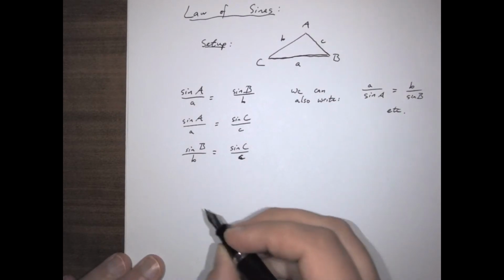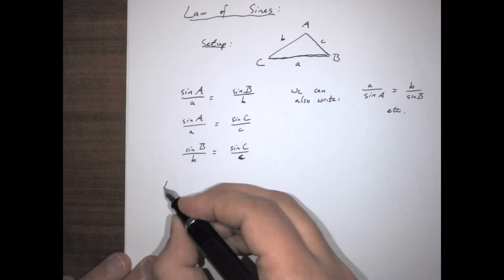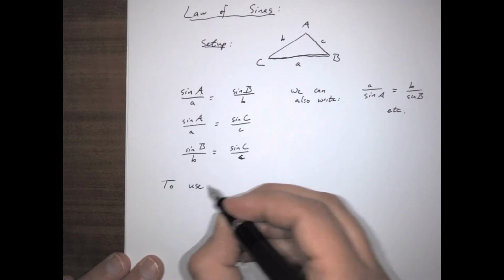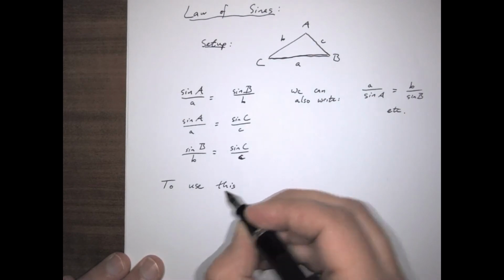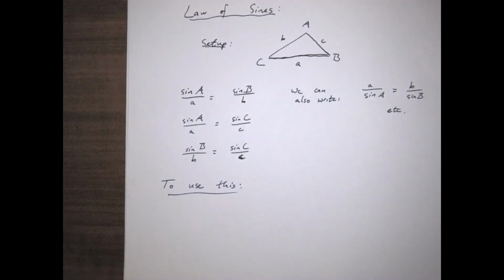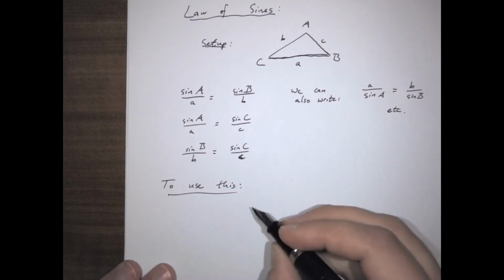All right. To use this, what we need are three pieces of information. We need a matching pair of side and angle, and then one other piece to use this.